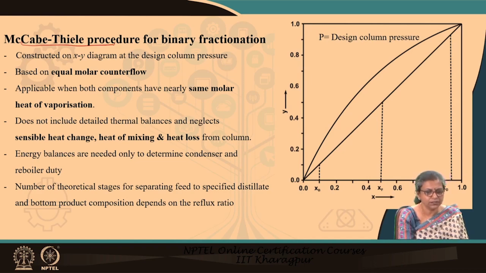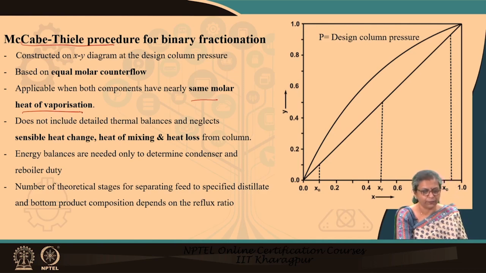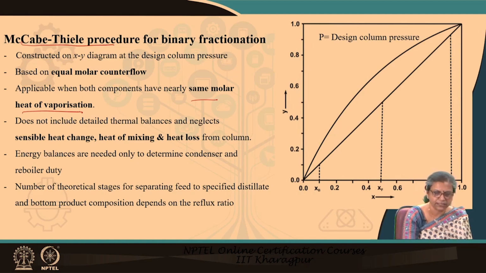What are the assumptions? The first thing is that we assume both components have nearly the same molar heat of vaporization. Therefore, whatever heat is absorbed by the liquid in vaporizing is released by the vapor while it is condensing. Quite naturally, this procedure does not include detailed thermal balances, and it also neglects the sensible heat changes, heat of mixing and heat loss from the column.